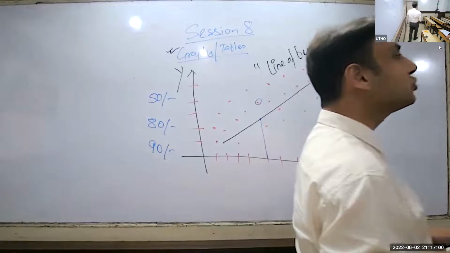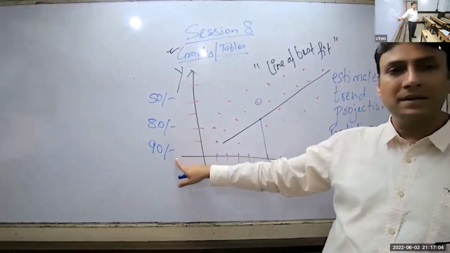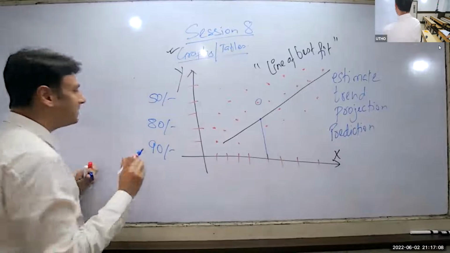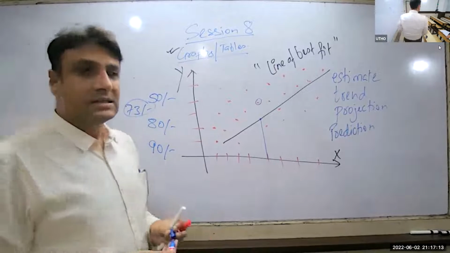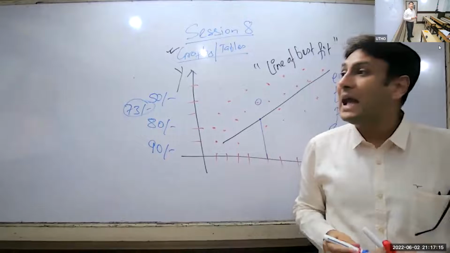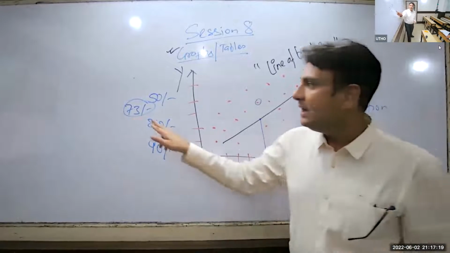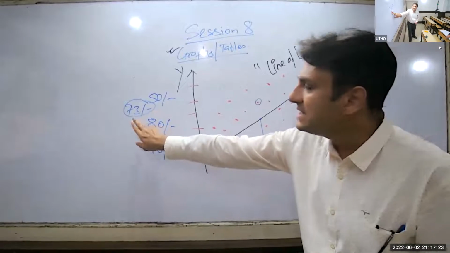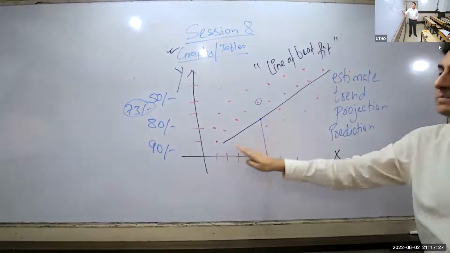Agar ab main aapse puchu what is the average expense, so what you will do is 50 plus 80, 130 plus 90, 220 divided by 3, which will be something like 73 bucks. 73 bucks is nothing but the average cost that we have per head. Is this the real cost of any one of us? No. तो इसी तरह से ये जो है ये predicted है, ये एक average line.